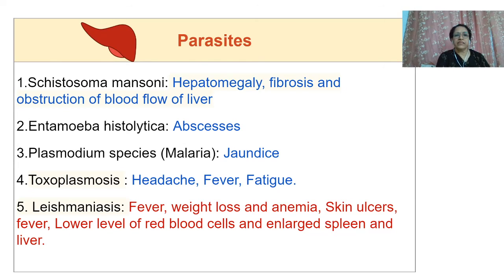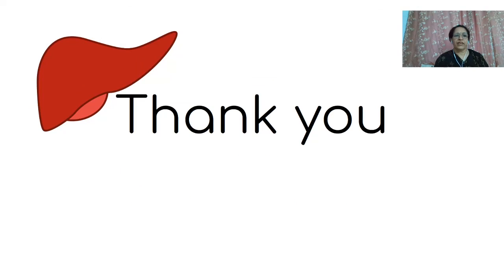See here in the symptom category, fever, nausea, vomiting, and the majority of the time abdominal pain is a common symptom. So this is all about various infections of the liver. Thank you very much.